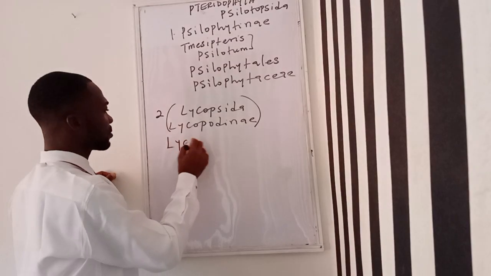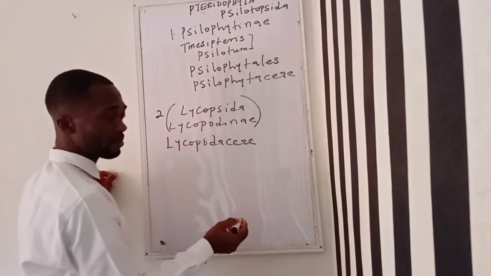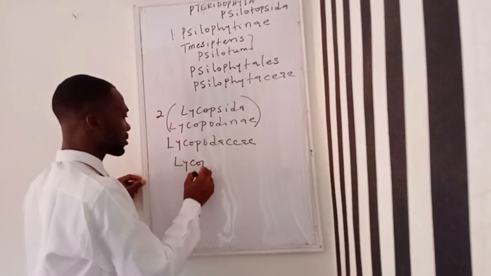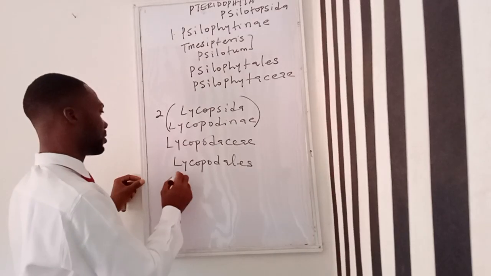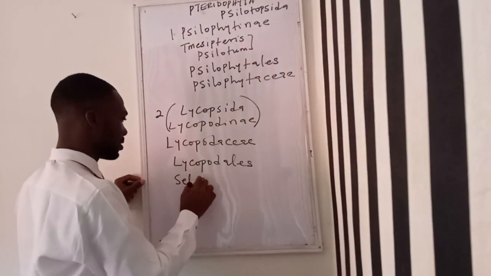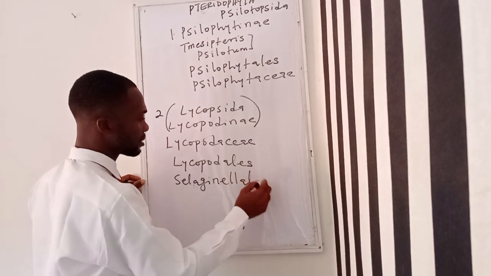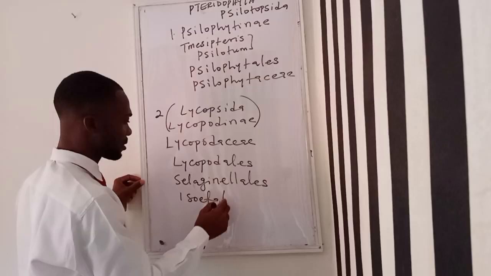I have Lycopodeaceae. That's the family. So let me now mention the orders: Lycopodeus, then Selaginellales, then Isoetales.